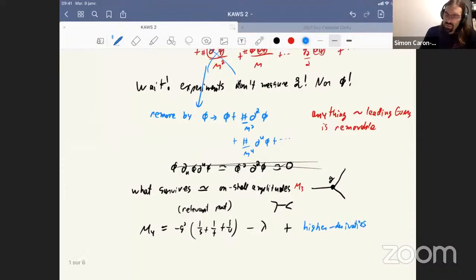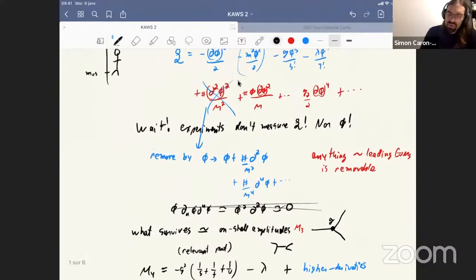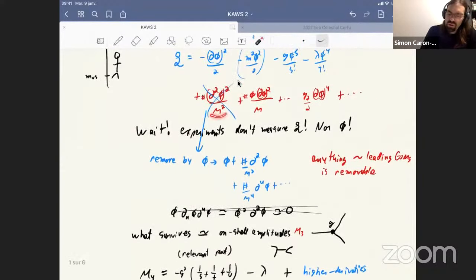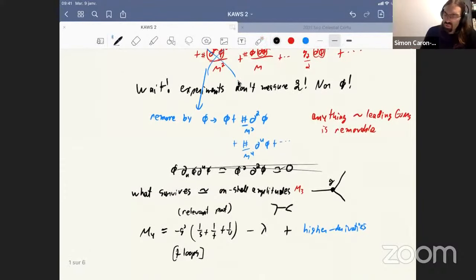Up to loop corrections, if you think of this as a small correction, the higher derivative part just gives you polynomials in s and t, or u if you wish, but u is related to s and t.